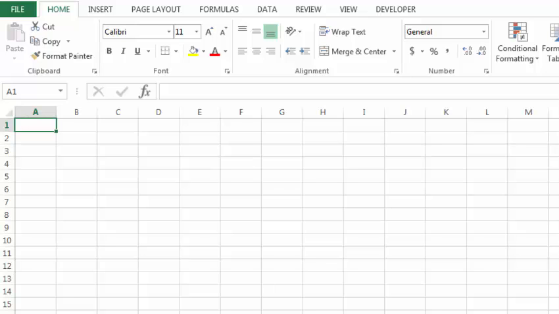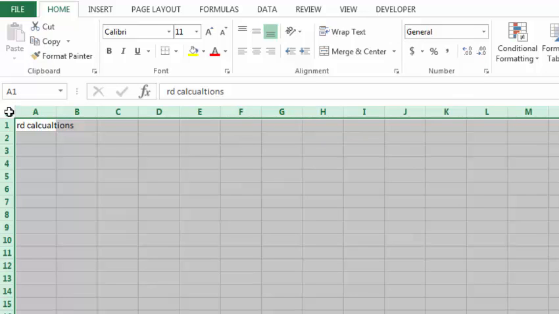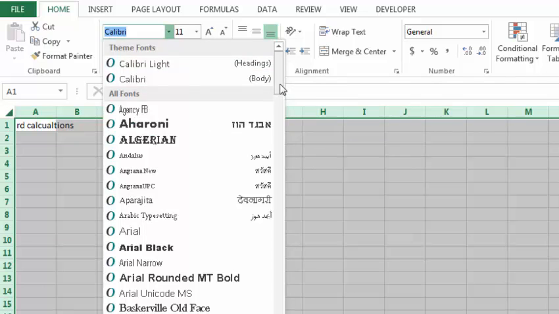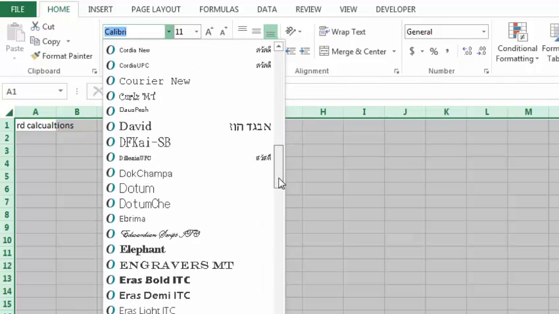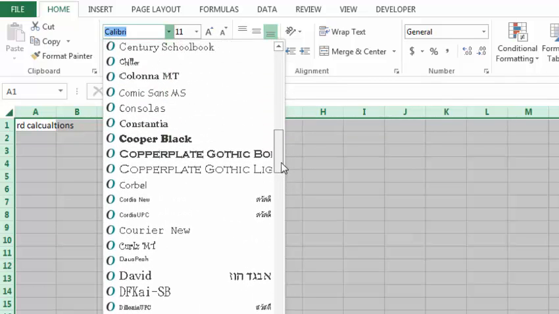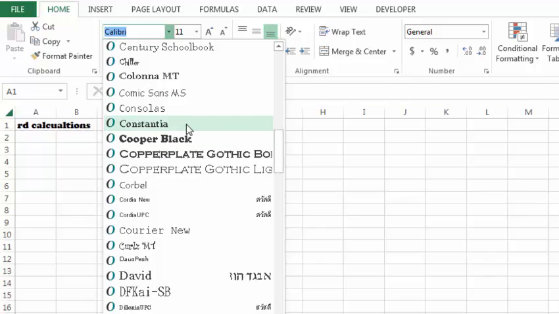I'm going to say RD calculations, just so that we know what segment of my sheet I'm looking at. And actually, I'm having my issues with Calibri and virtually everything else.